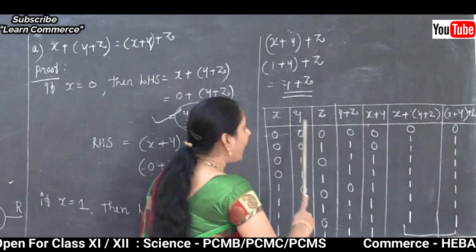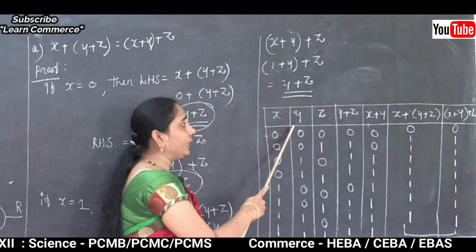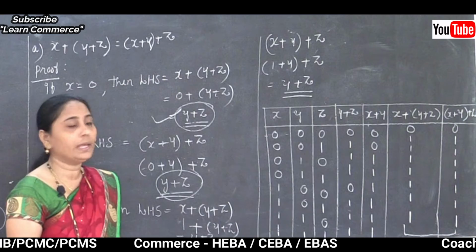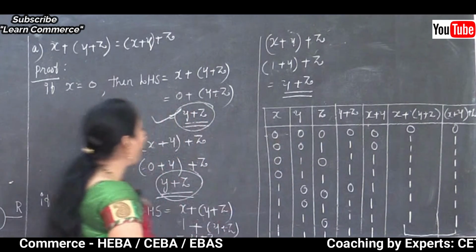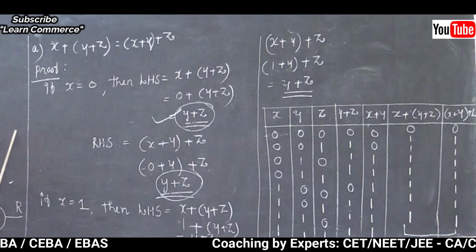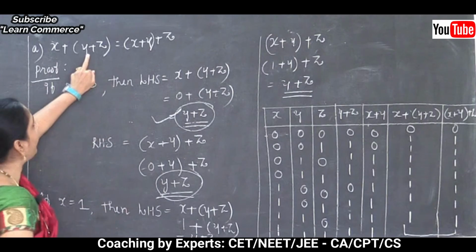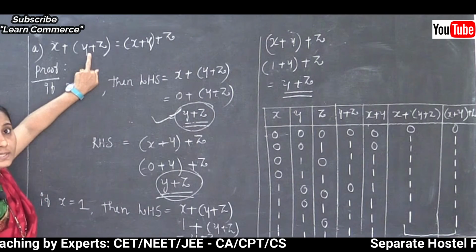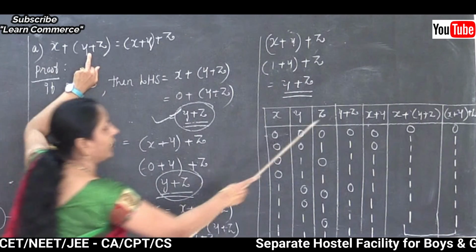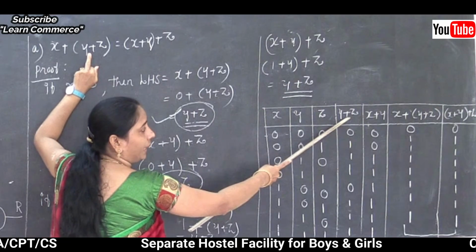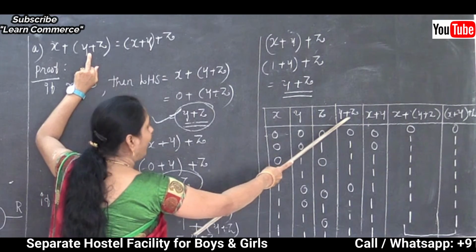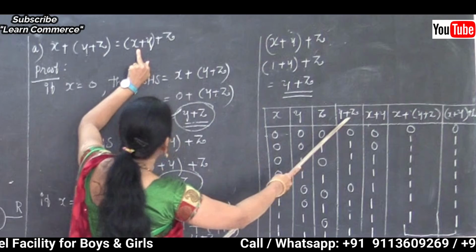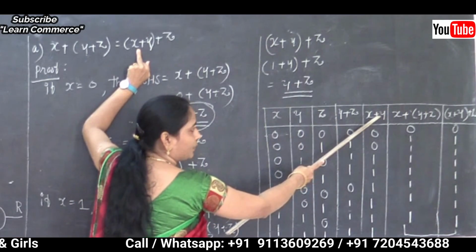And later, after completing the values in each column x, y, z, first of all I am going to take the parenthesis value we need, that is y plus z. So after x, y, z, the next column is y plus z, and later the second parenthesis value x plus y.